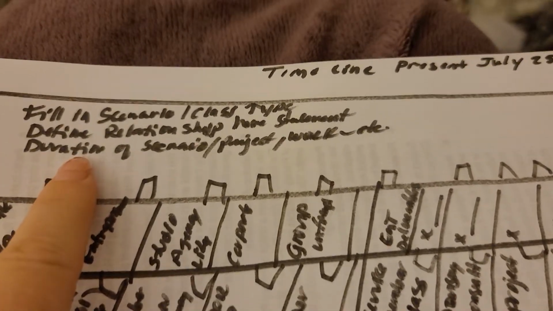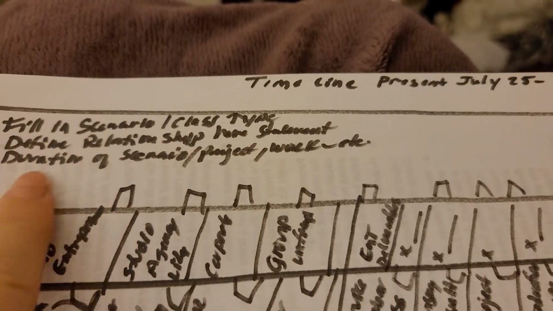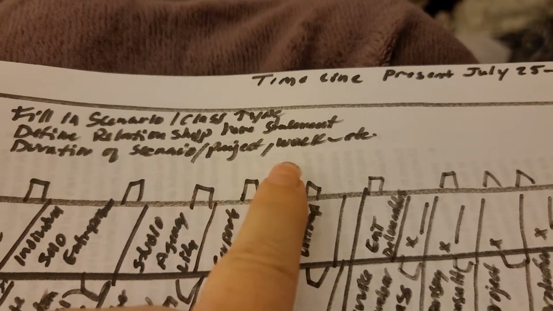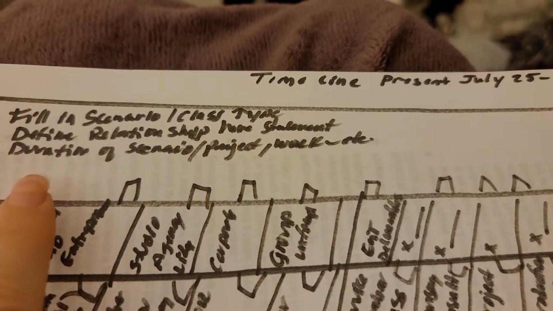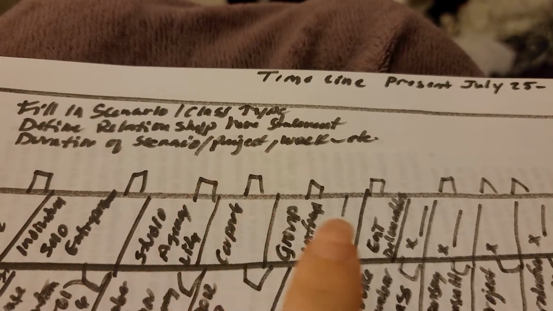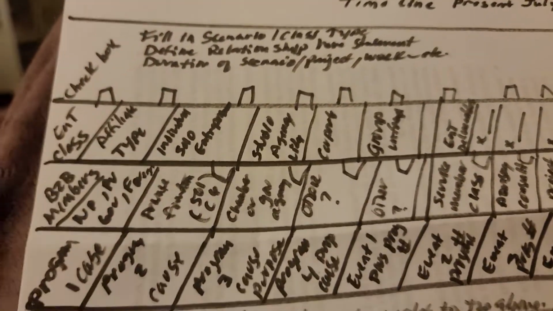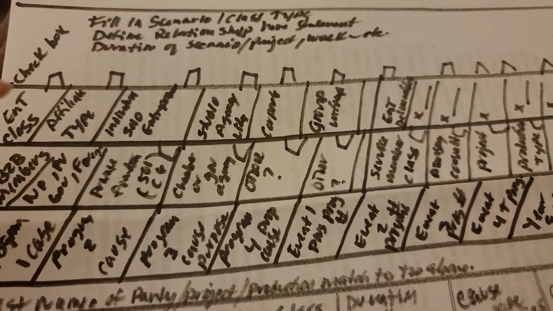We're going to fill in the scenario, pick the class and type, define the relationship, and do a little mini statement of what it is, and then assess the duration and the scenario, like the project or the workflow. Essentially, what we have to do is determine the class.